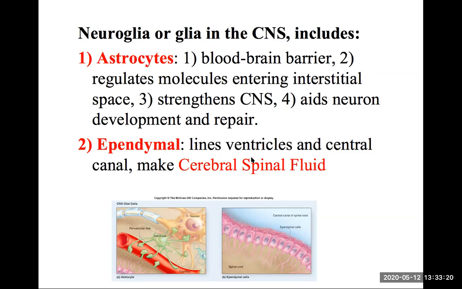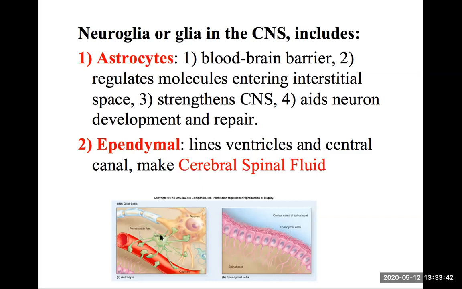Okay, the blood-brain barrier, if you see down here, is going to be a layer of tissue from the astrocytes that surround capillaries. And what this does is it gets to part 2 here, which is regulating molecules entering the interstitial space.